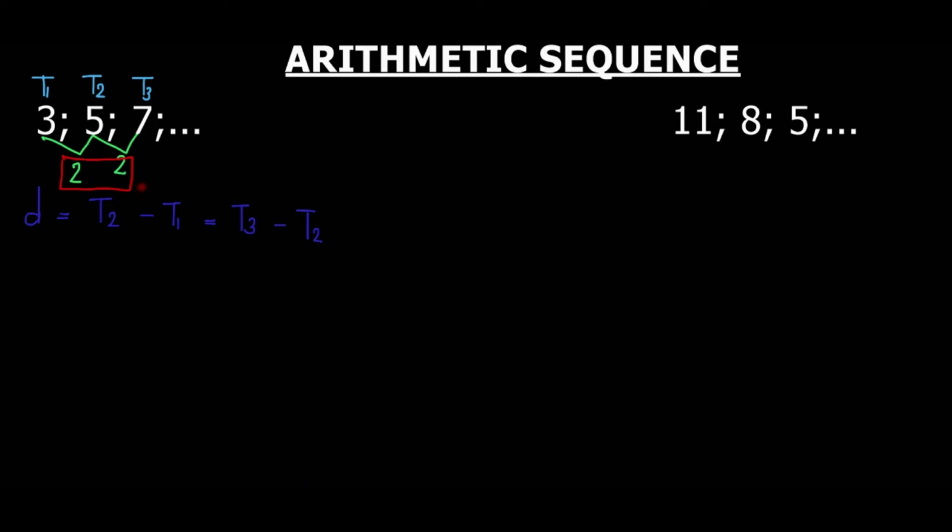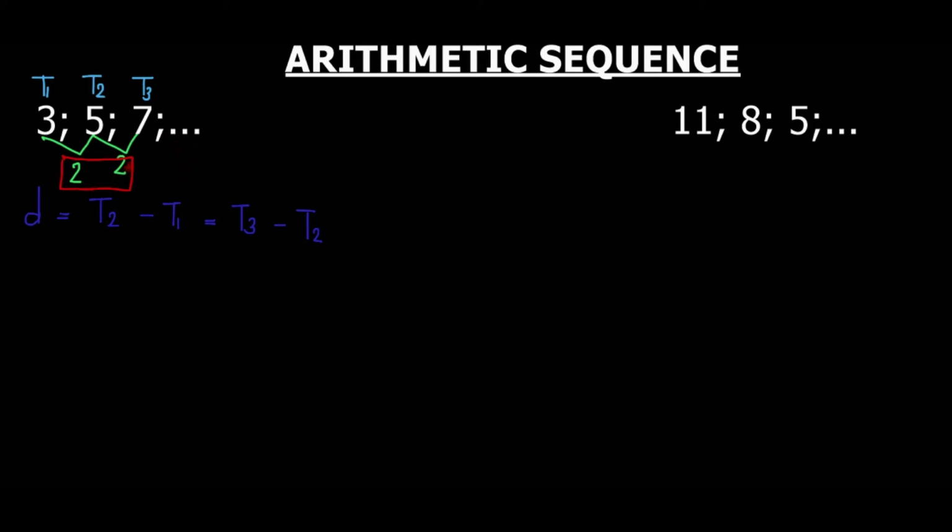Then what about the arithmetic sequence? Every time with an arithmetic sequence, there is a constant difference between the terms. Another thing that is important about an arithmetic sequence: the next term, meaning term number 4, from term number 3 to term number 4, we add the constant difference.